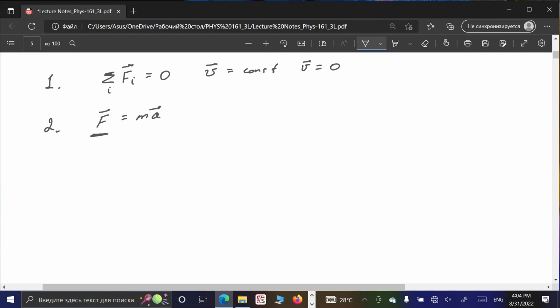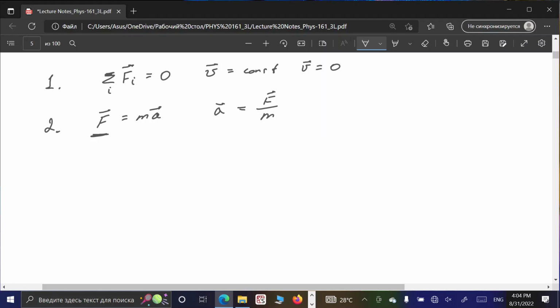We just don't write the sign of sum, but you need to understand that this is the resultant force. Or we can consider acceleration as a result of the force exerted on the body, so we can write the acceleration vector is the force vector divided by mass. We also determined what inertial mass is, and the difference from gravitational mass.